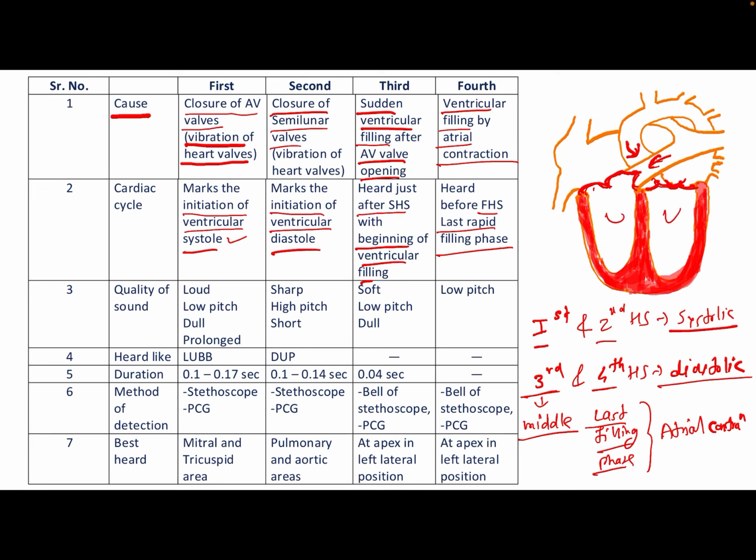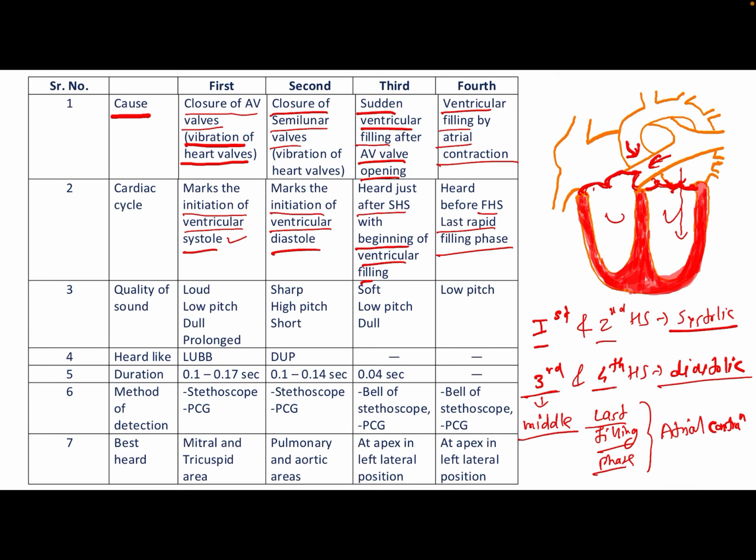So there is closure of the semilunar valves, and that is the second heart sound. After that there is opening of the atrioventricular valves, that is the third heart sound. And the fourth heart sound is just before the first heart sound, that is the atrial contraction, during which blood comes from the atria into the ventricles.